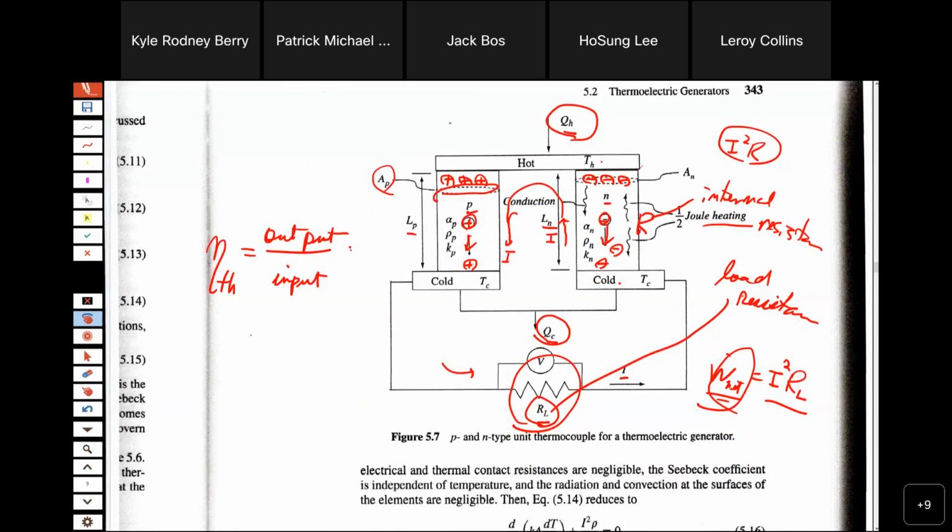So what is the input in this efficiency business? Can you figure out?